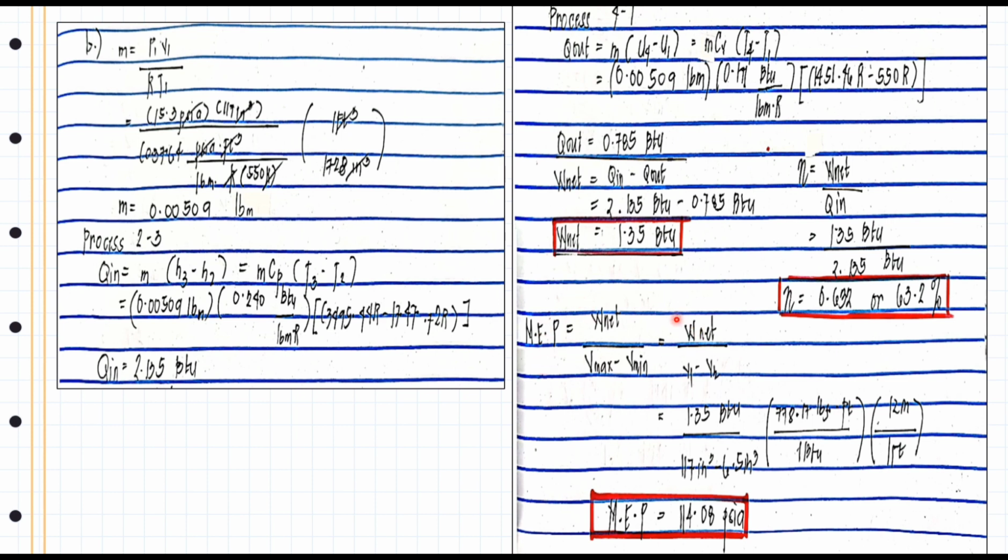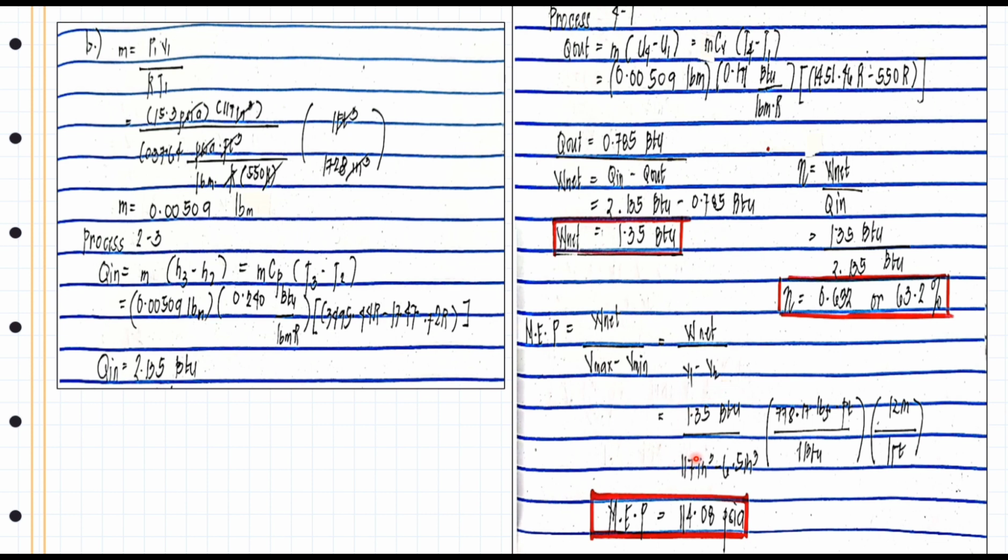And lastly, we are going to solve for our MEP. We are going to use this formula: MEP is equal to Wnet over Vmax minus Vmin, which is Wnet over V1 minus V2.